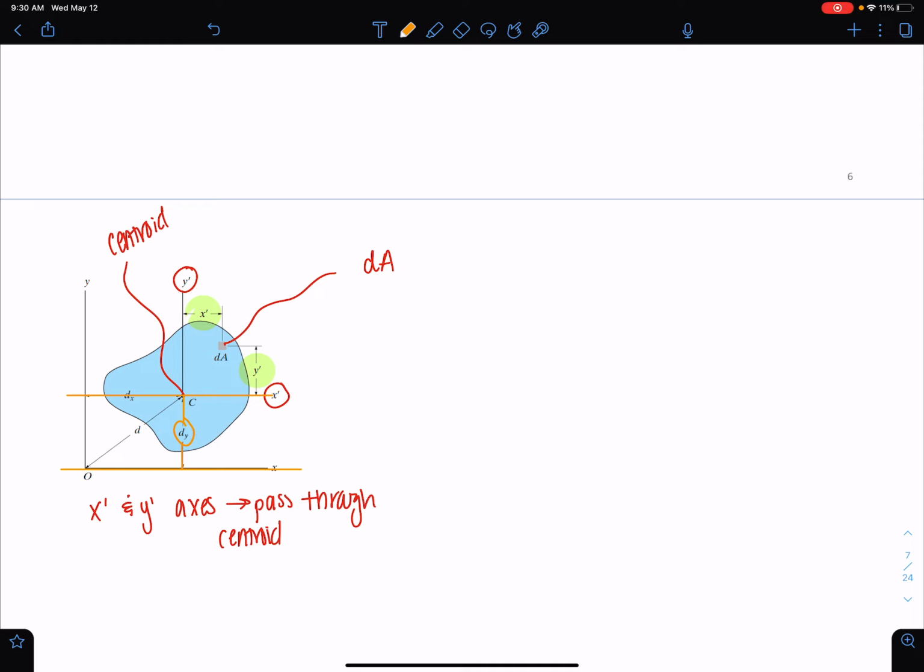Then the moment of inertia of this dA, it's a differential, right? Because it's a differential area. So the moment of inertia of dA about the x-axis is the differential of Ix about the x-axis, which would be this y prime plus the dy, that full distance away from the x-axis, right? Because we need this total distance.